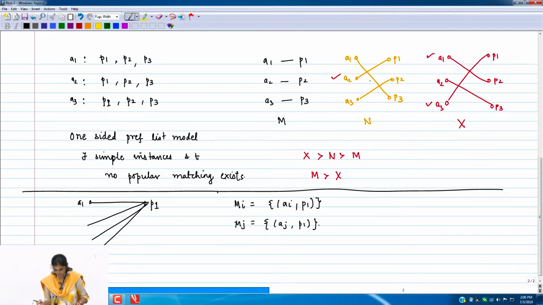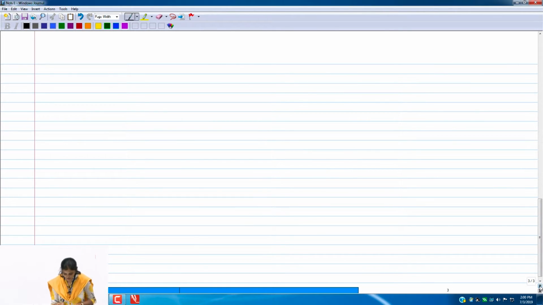Okay, so our next goal is to answer this question: how to compute popular matchings. Actually, maybe even more basic than that, does there exist a popular matching? This is the question we would like to answer, but we will answer it algorithmically, how to compute popular matchings.